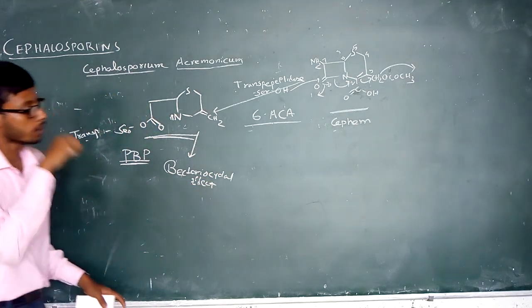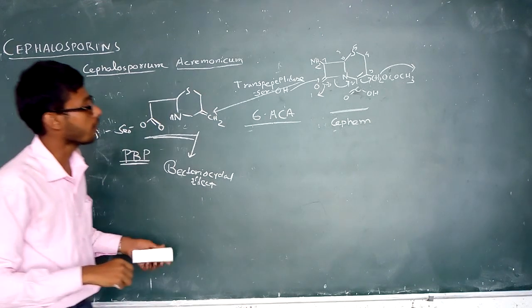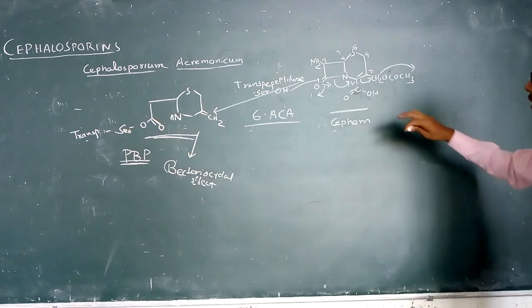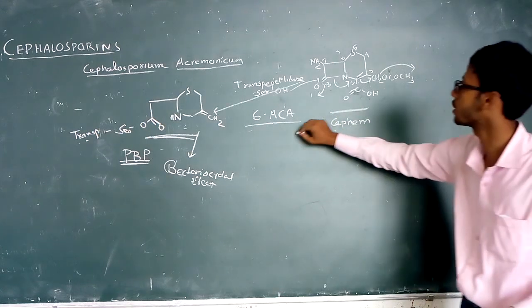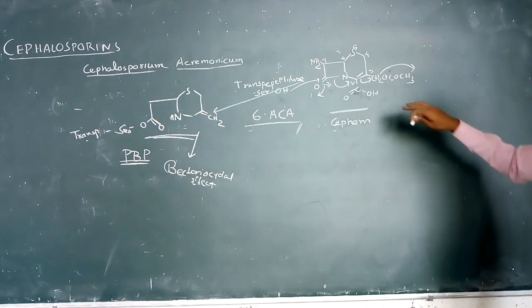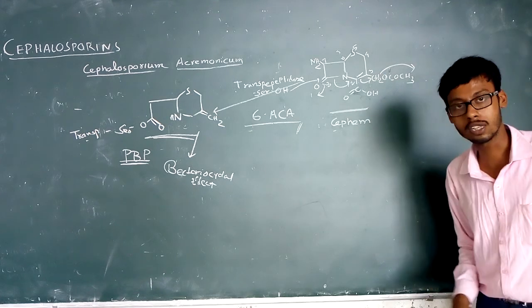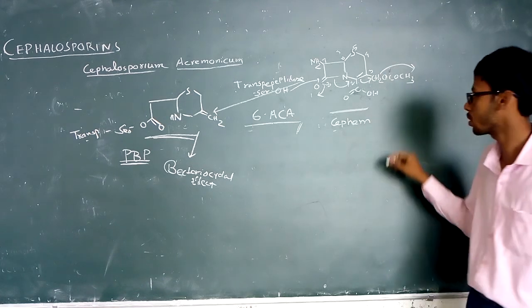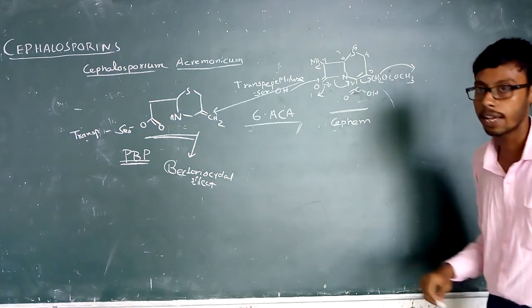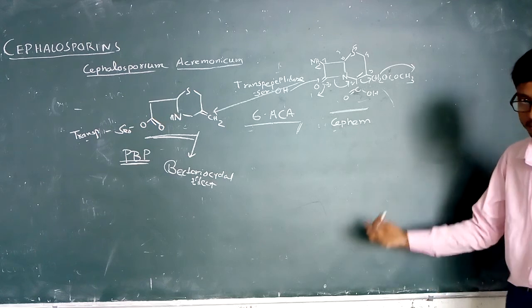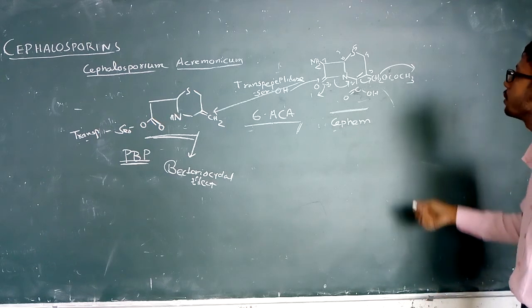So we can see that there are various substituents on the ring system of 6-ACA, which is the main nucleus of the cephalosporin. At the 2 position there is a COOH substitution, and COOH means an acidic group, having special importance toward the structure activity relationship.